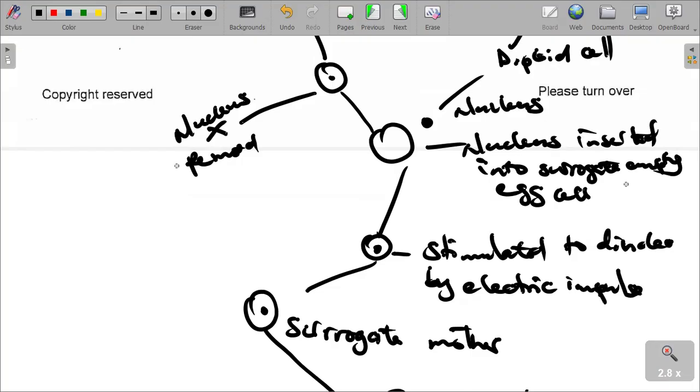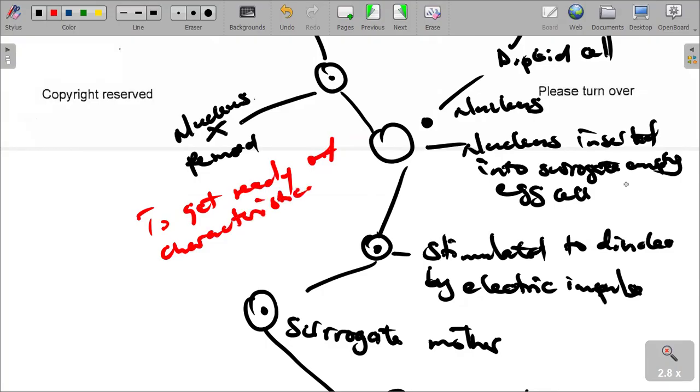So the nucleus of the donor mother is removed in order to get rid of characteristics from the donor mother, from this characteristics of the surrogate.